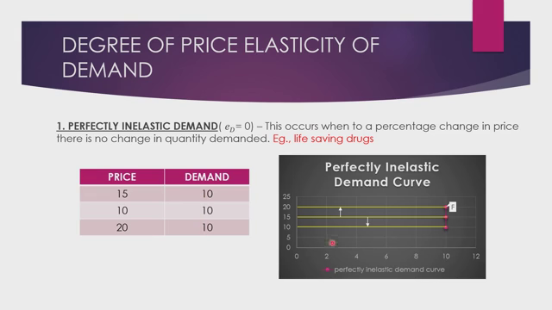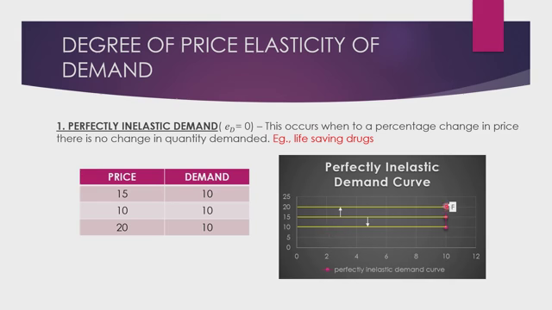If you see the demand curve, even if the price increases from 15 to 20, the demand is 10, and even if the price of the medicine is lowered, the demand continues to remain the same.